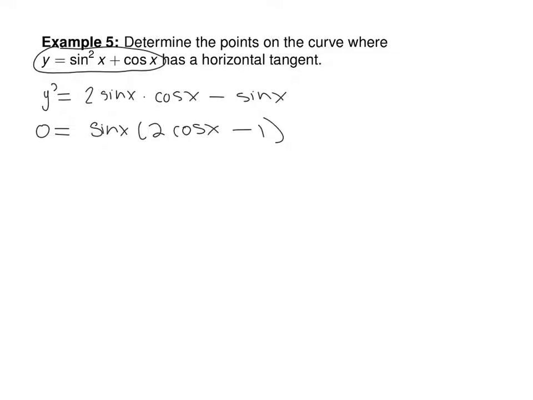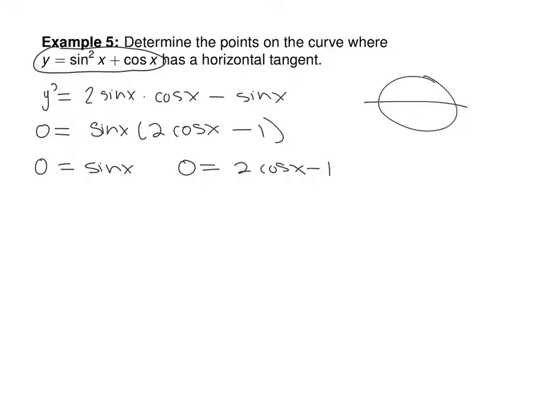Okay. Now you're solving 0 equals sine of x, and 0 equals 2 cosine x minus 1. Okay, so is sine 0 at 0? Yes. Also at pi, plus or minus, right? Also at 2 pi, right?